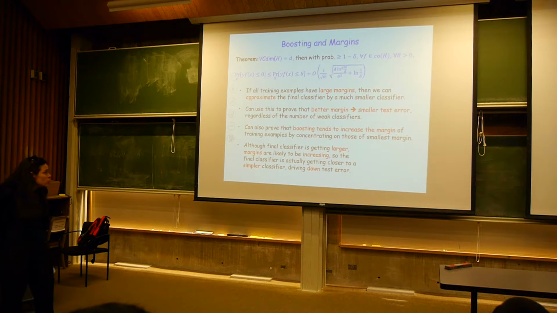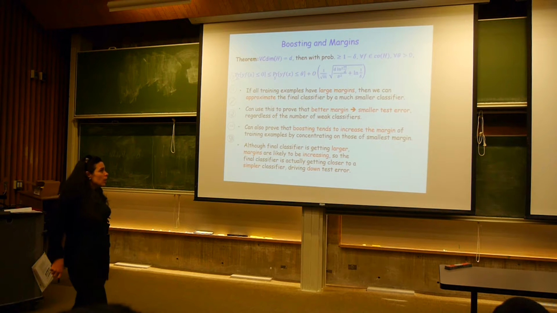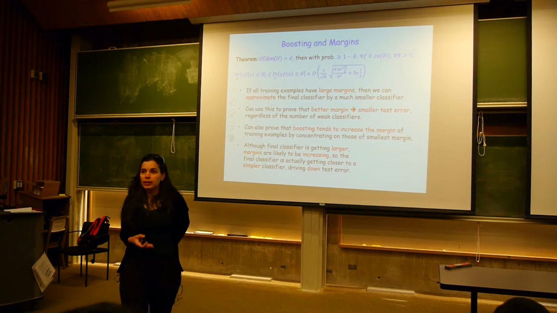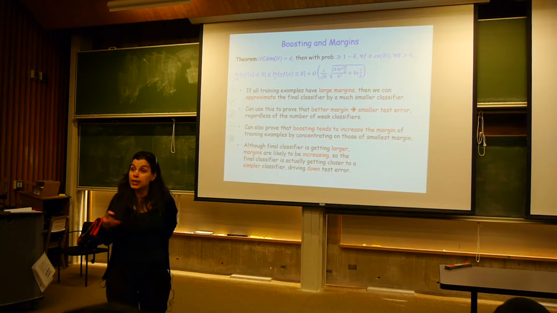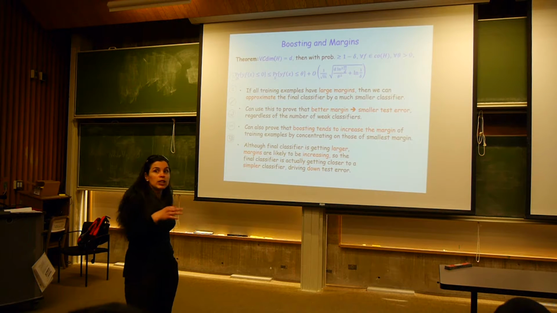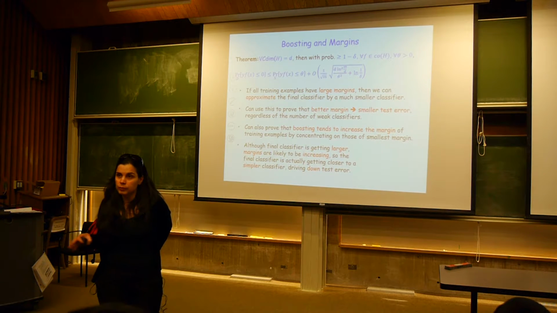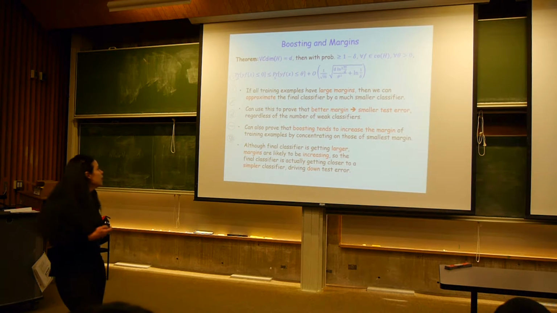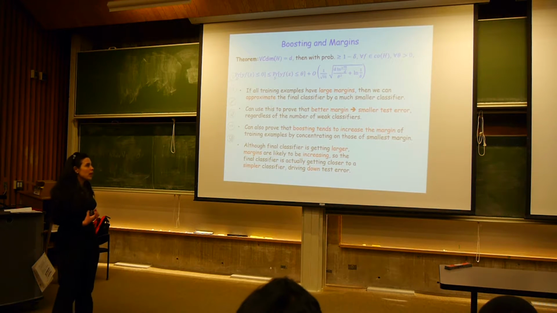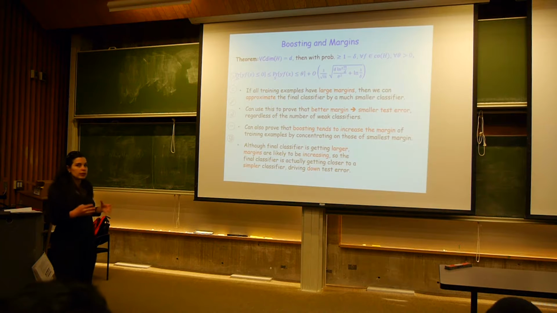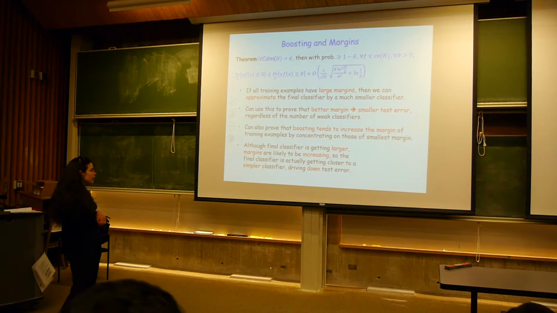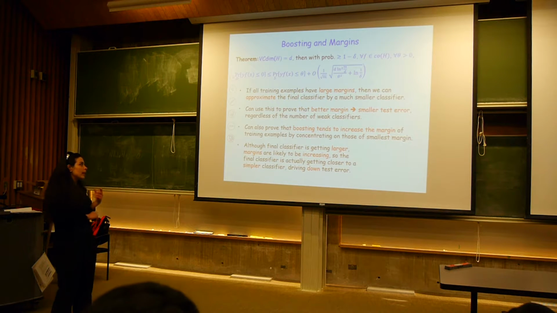I also want to mention that in their paper, they also argue that AdaBoost tends to increase the margins by focusing, in each round, on examples that have smaller margin. Putting all this together, the punchline is that as we increase the number of rounds, even if the final classifier is getting larger, the margins are likely to be increasing.